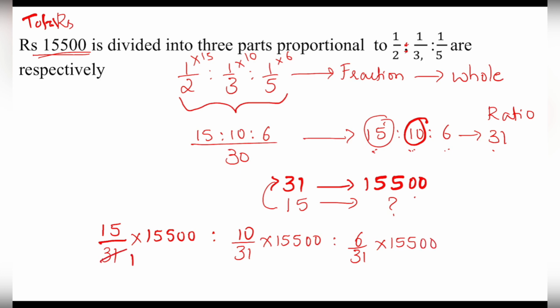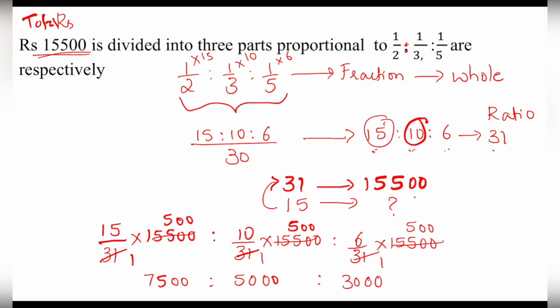So, 31 ones are 31, 5s are 155 and 0 0. So it is 15 into 5 is 75 and 2 zeros, then 10 5s are 50 and 2 zeros, 6 5s are 30 and 2 zeros. So the amount is divided in the ratio 7500 is to 5000 is to 3000.